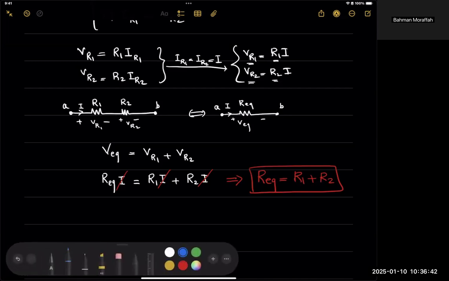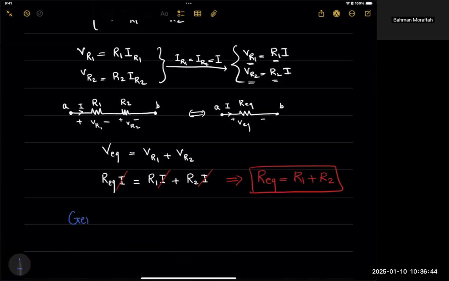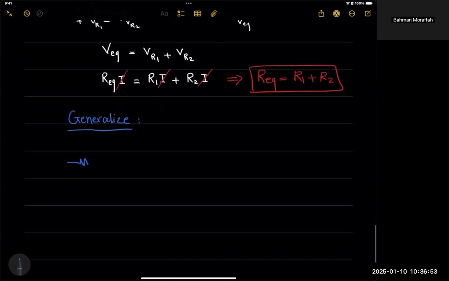I can generalize this to any number of resistors that I want. Let's say I have R1, R2, all the way to Rn. Let's say I have n resistors. They're back to back, and the current through R1 is the exact same as the current through R2, is the exact same as the current through Rn.